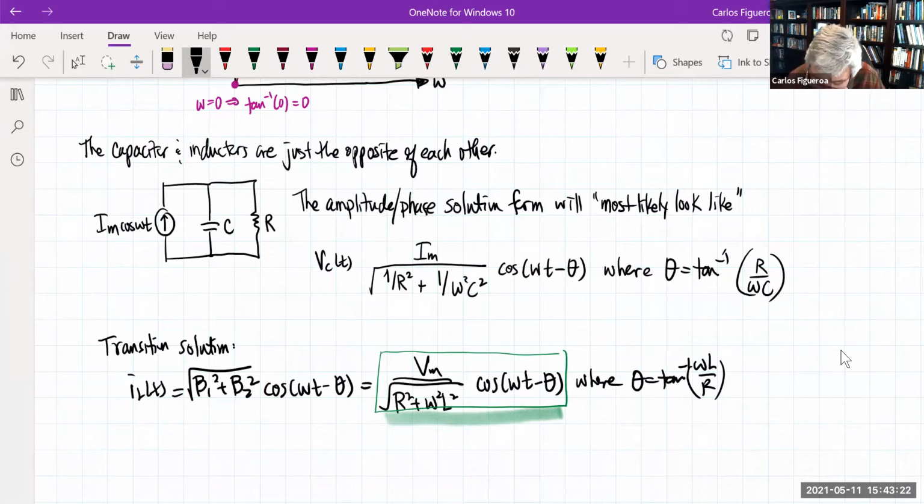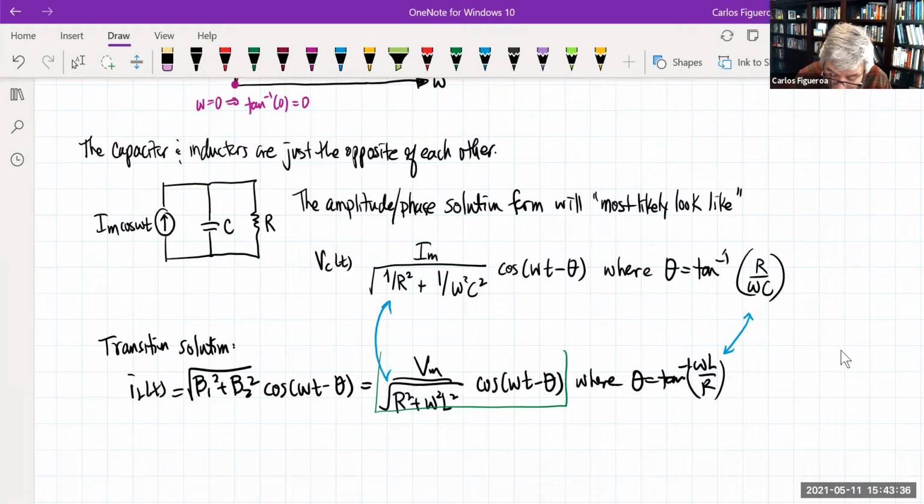So just to show you the difference here, look at the opposite effect between these guys right here. That's what I mean by the comparison between the two solutions. So then, look what happens here.